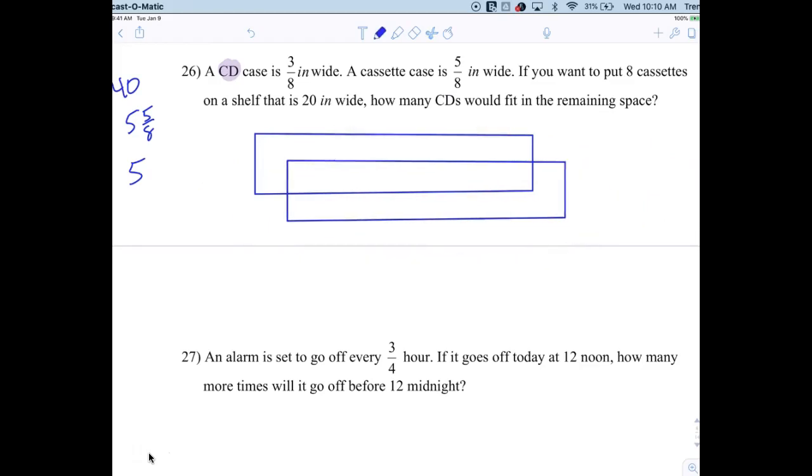Now on my shelf, I'm putting certain things. And my shelf is exactly how wide? How wide is my shelf? Someone tell me. 20 inches, right? So I would like for you to put 20 inches up here.